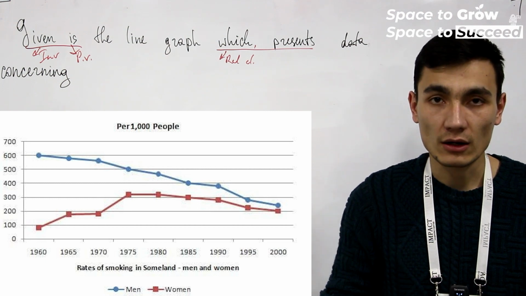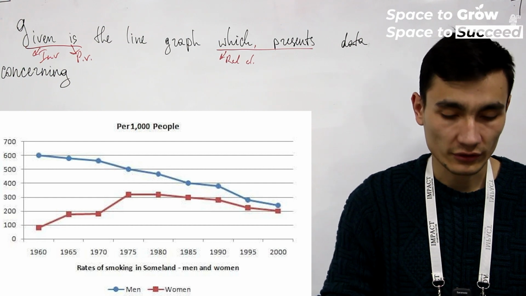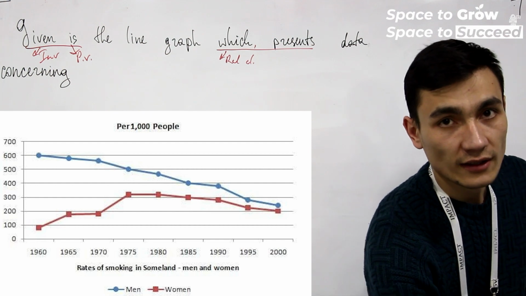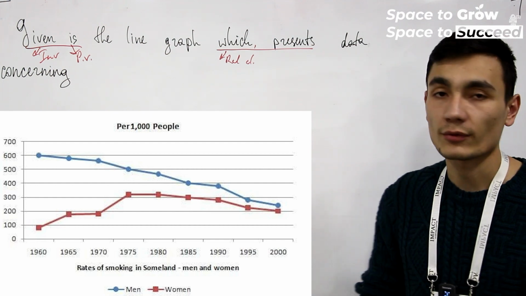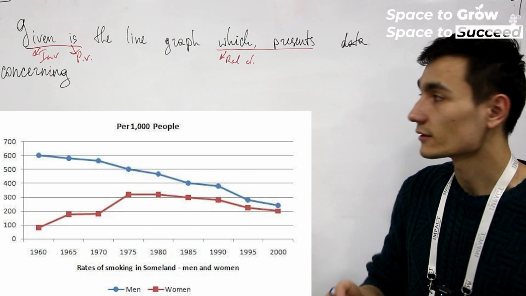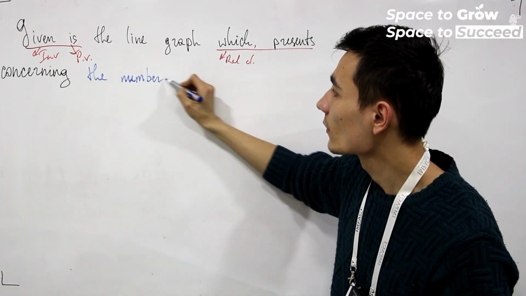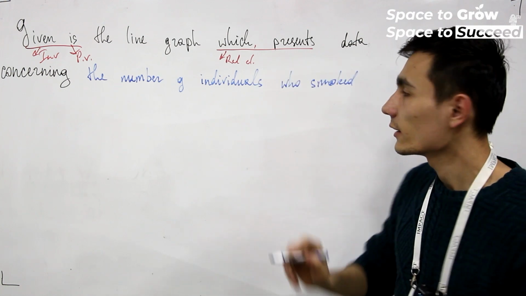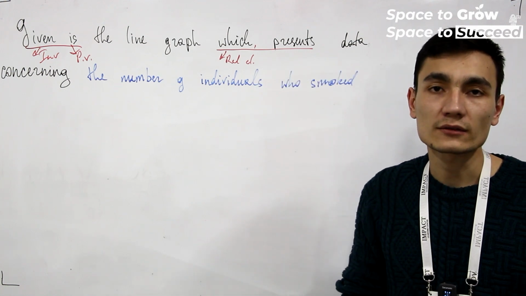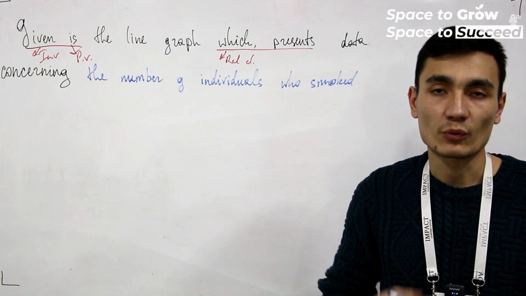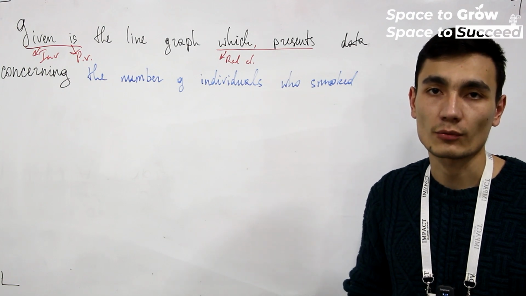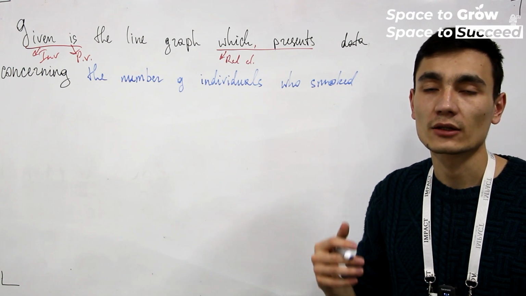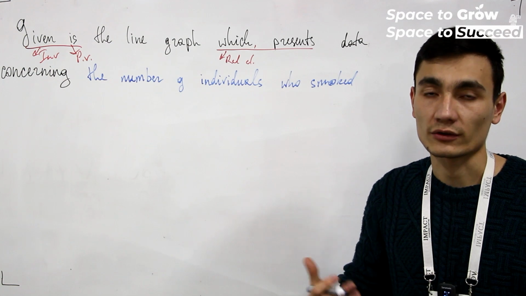So it is the amount of people who smoked. Instead of saying the rates of smoking in Sunland, we can say the amount of or the number of people who smoked in this place. We say the number of individuals who smoked. And as you see, we have two lines, one for men, one for women, and we can give this additional information in our introduction to get more score, add more details, and have more words.